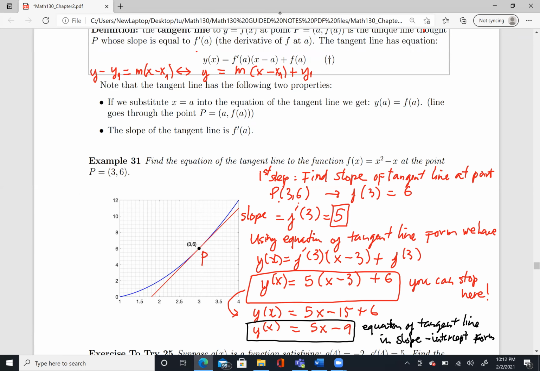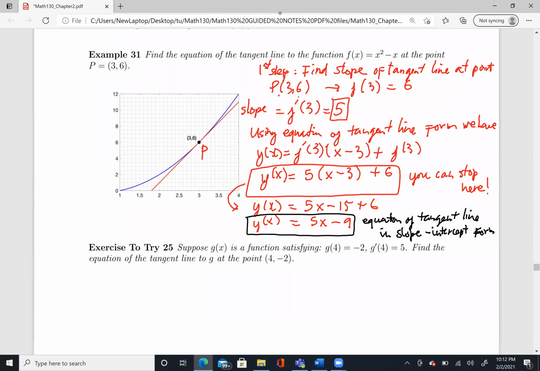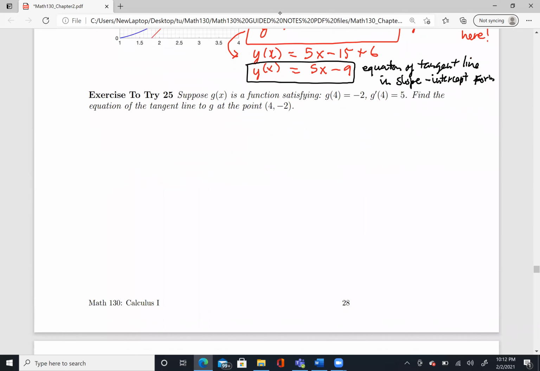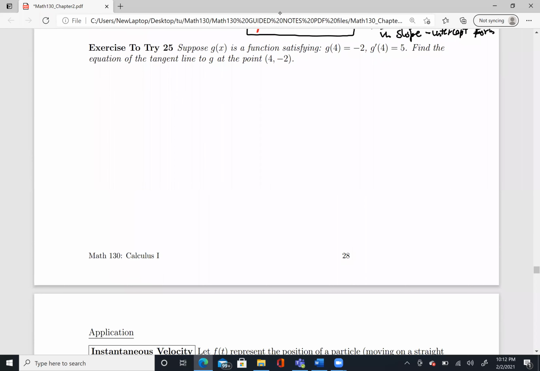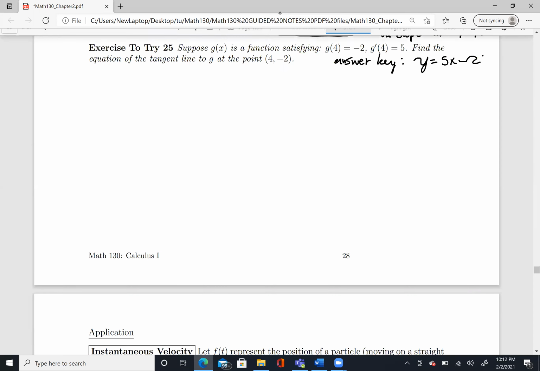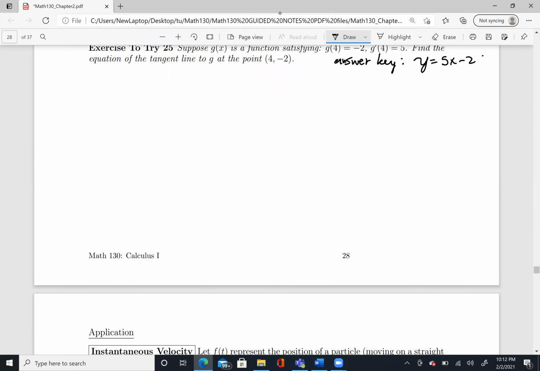Okay, so you can go ahead and work on exercise try 25. And the answer should be y equal to 5x minus 22. Okay.